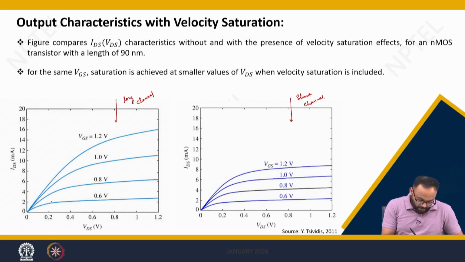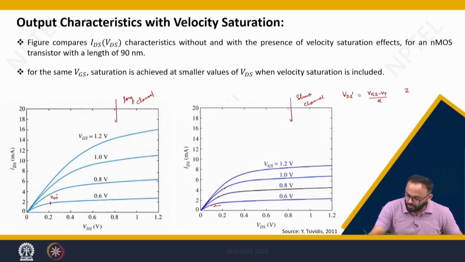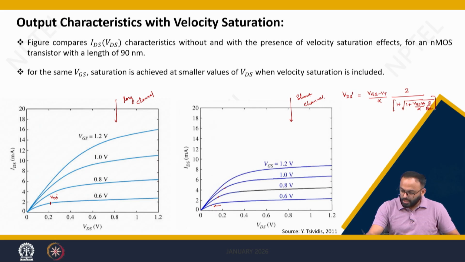First, the saturation point, which we call VDS dash, is shifted to a lower value. Why? Because we have already derived that VDS dash equals VGS minus VT divided by alpha into 2 divided by 1 plus square root of 1 plus VGS minus VT divided by alpha into 2 divided by EC into L. So, the saturation point is shifted to the left side. This is point number 1.